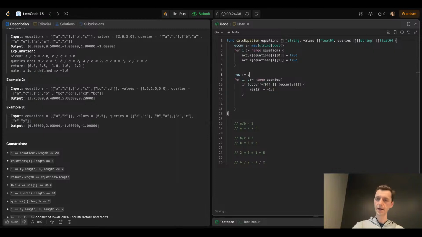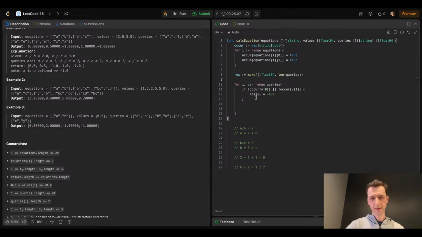Result is a slice of float64 of length queries. Make. So the first case seems to be pretty straightforward.